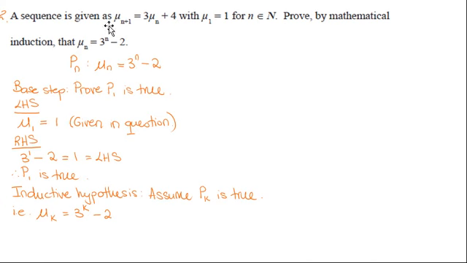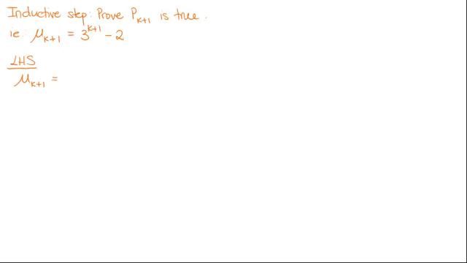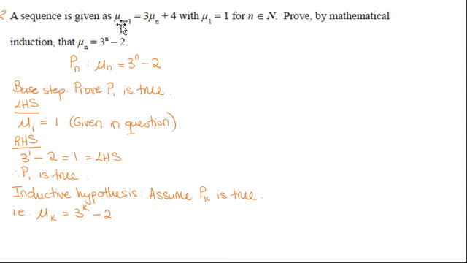The way it's defined, mu n plus 1 is equal to 3 mu n plus 4. So a term is equal to 3 times the term before it plus 4. So we're going to have 3 times the term before it plus 4. So mu k plus 1 is equal to 3 mu k plus 4.